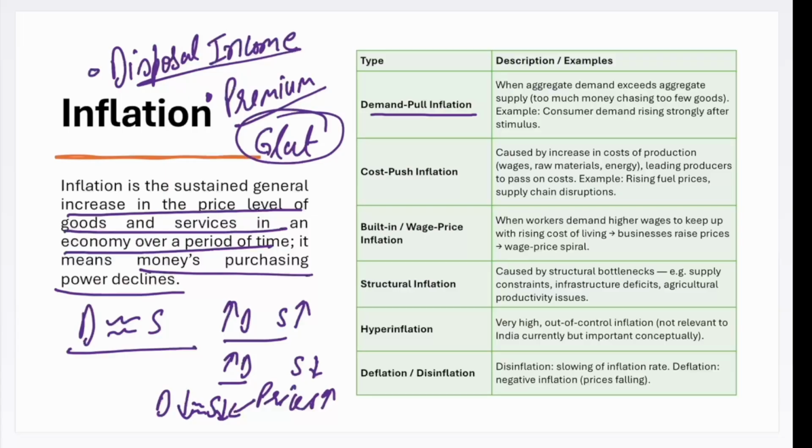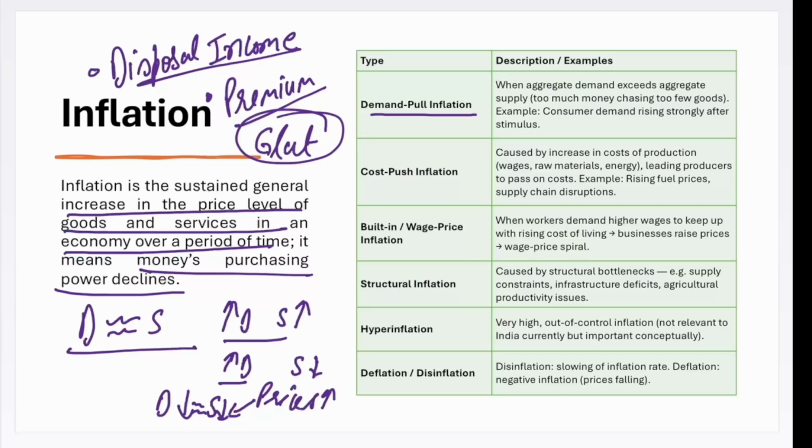When there is mass production of goods, or agriculture produce has gone high, but there is not that much demand, the prices crash, right? So when these prices fall, this is because the supply is more and overall prices come down. Why? Because supply is high, demand is low, the prices go down.